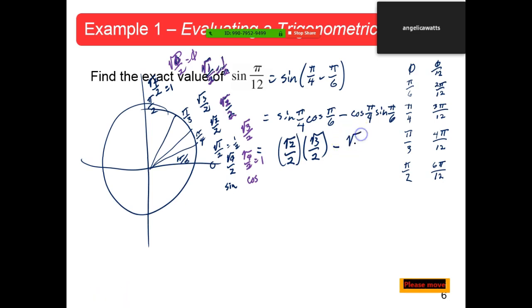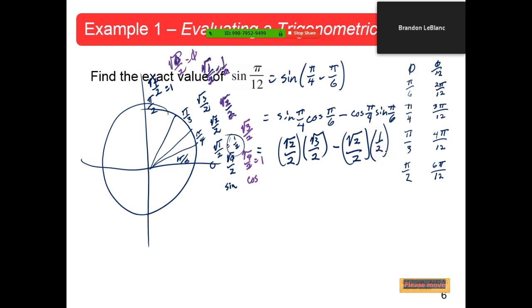Square root of 2 over 2 times sine of pi/6. Is someone talking to me? Okay, I guess not. Okay. What is sine of pi/6? Second one we did. It's 1/2. See? Sine of pi/6 is 1/2.